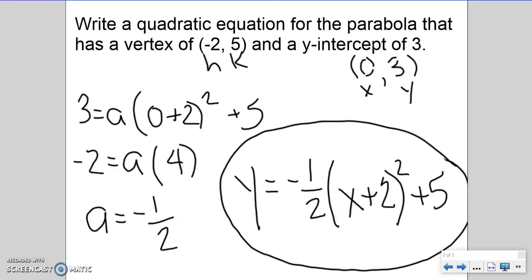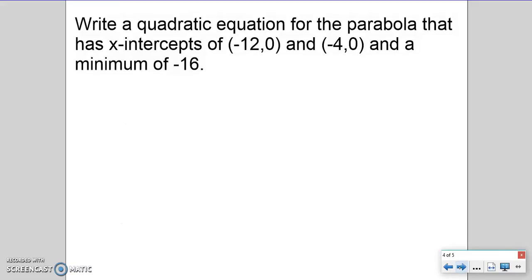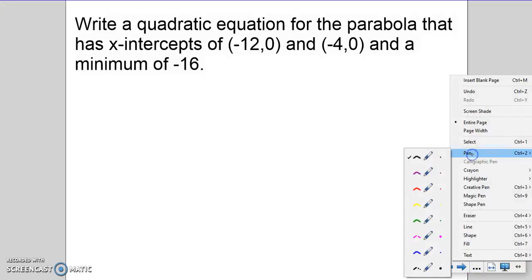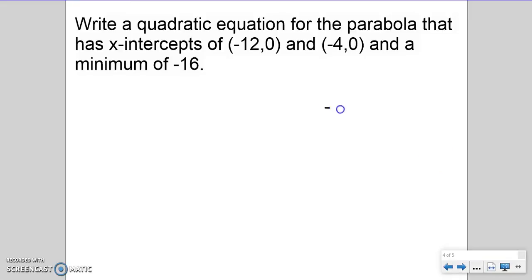One more thing we're going to look at. If I can get the slide to move. So now I've given you x-intercepts and a minimum. Since I've got a minimum, if I think about what this would look like on my graph with a pen, I'm going to draw the x and y axis.